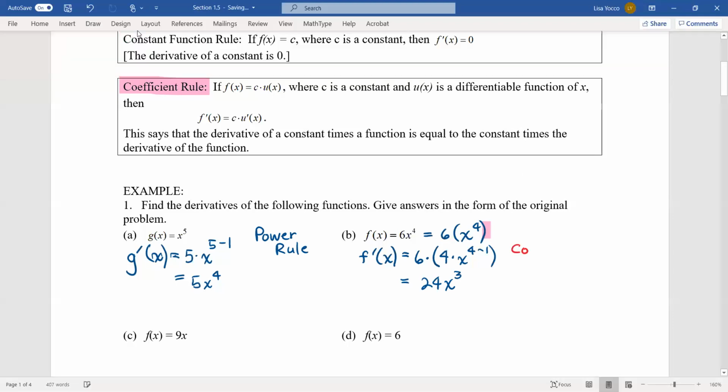And in part B over here, we use the coefficient rule first, and then we use the power rule. Okay. In reality, as we start doing this, you kind of do that without thinking about it. You're like, oh yeah, keep the 6. And in fact, the 6 gets multiplied by the power of 4.